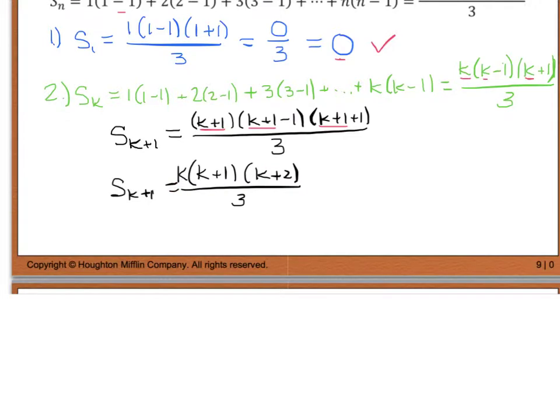So now, in order to prove that S sub k plus 1 is equal to all of this stuff, I have to come up with what S sub k plus 1 equals. So I'm going to look at this half of the equation.